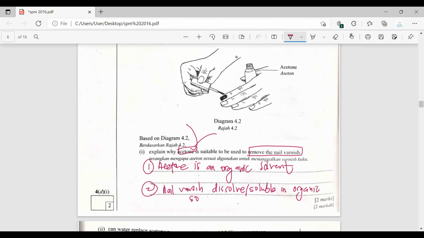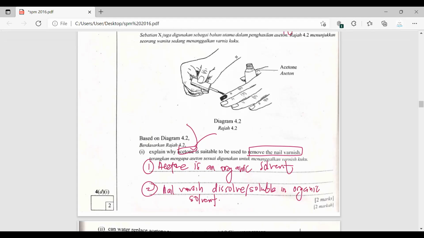Perfect mark here. You told me that acetone is organic. That means it's not water. And my nail varnish only can be soluble in an organic solvent. If you remember the chemical properties of a covalent compound, a covalent compound can only be soluble in an organic solvent. Do you all get that concept, class?